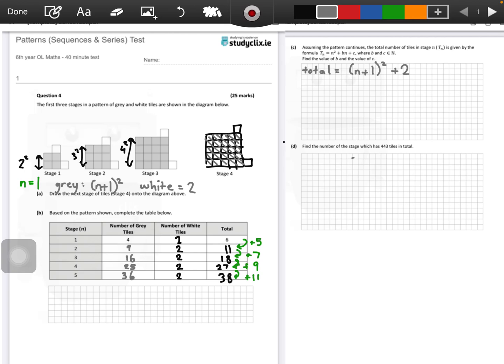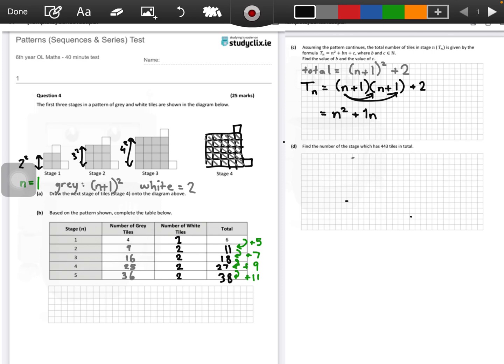Okay, so if I did it out this way, that's still perfect. So I'd get t of n is equal to, I'm going to rewrite this as n plus 1 times n plus 1 so that I remember that it's not just n squared plus 1 squared. Okay, and then plus 2. So I'll get n times n gives me n squared. n times 1 is plus 1n.